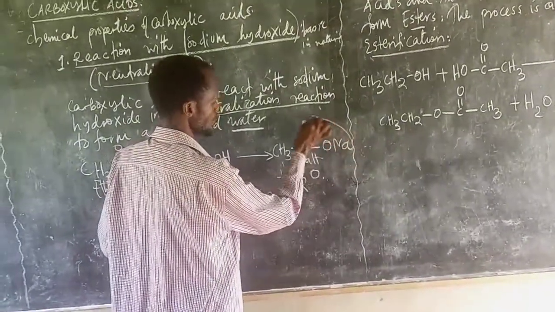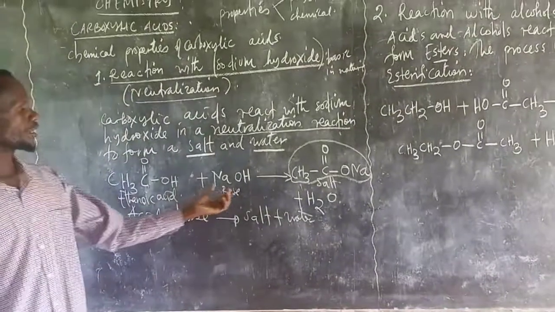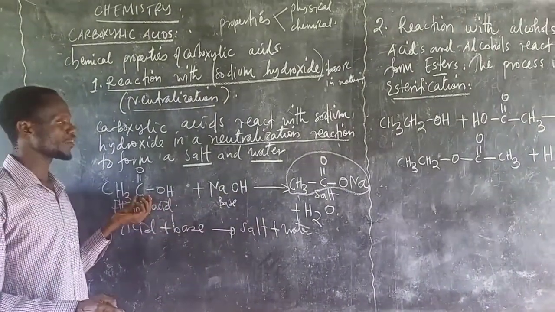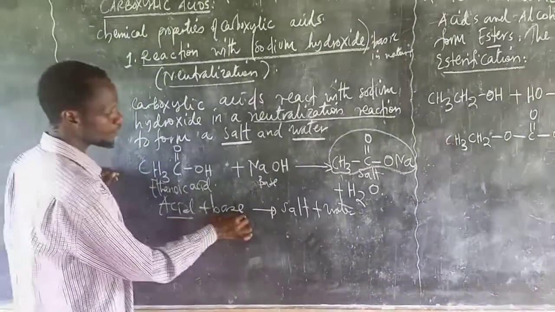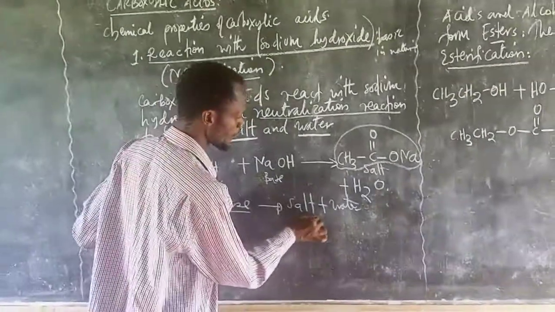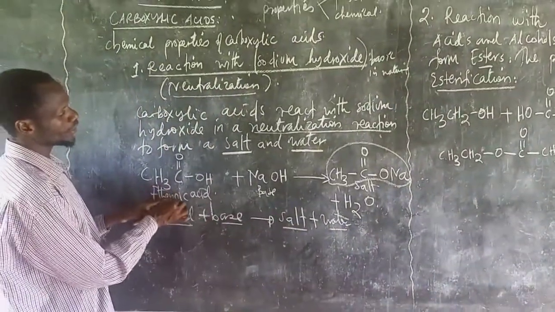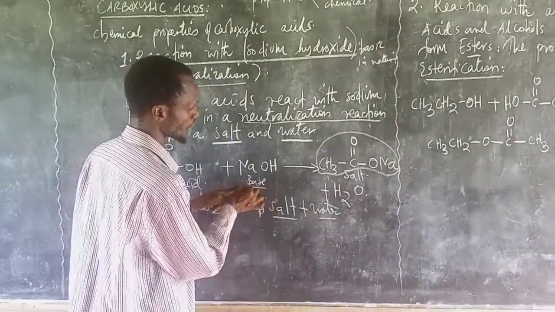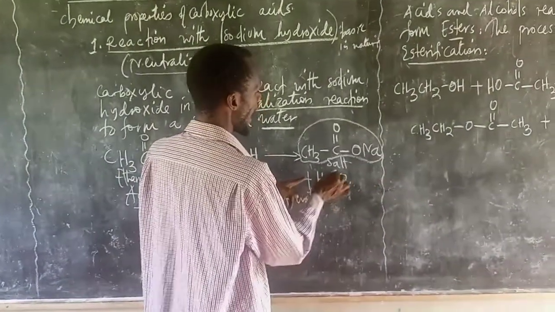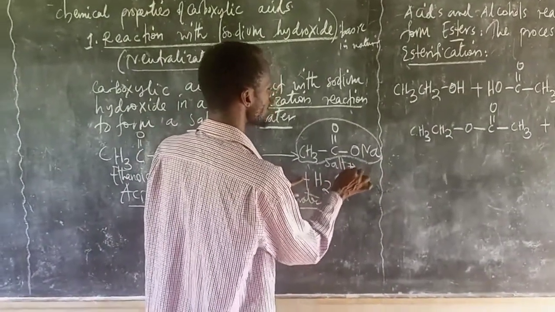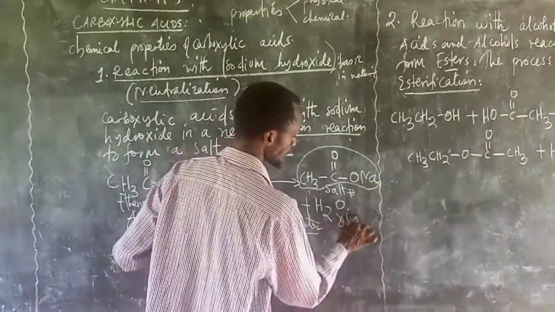This is produced when there is a reaction between sodium oxide and ethanoic acid. Means the reaction between acid and base, the product is all about salt and water. Here, ethanoic acid, when we react with sodium oxide, what is formed is called sodium ethanoate, and this sodium ethanoate is salt in nature. And also, this is water.